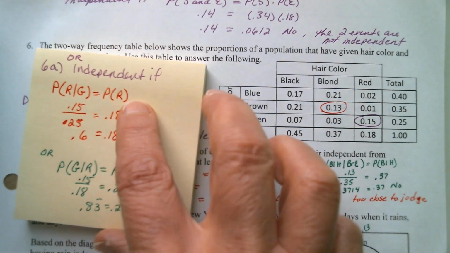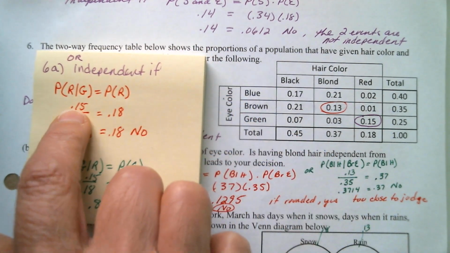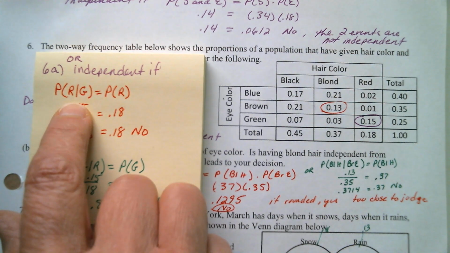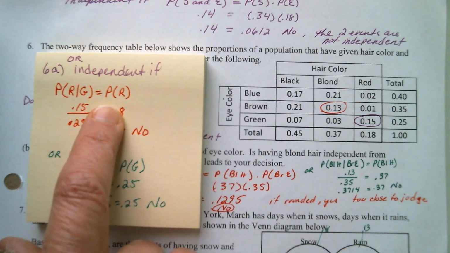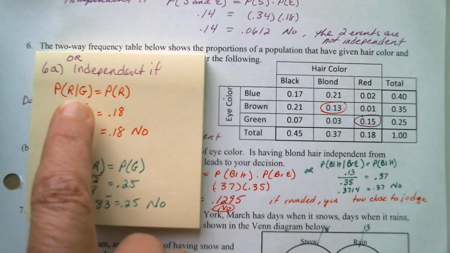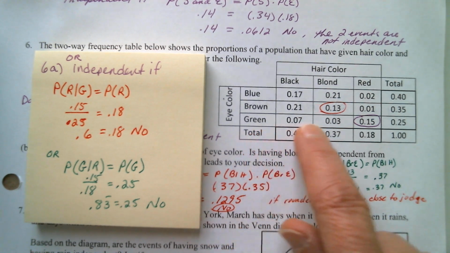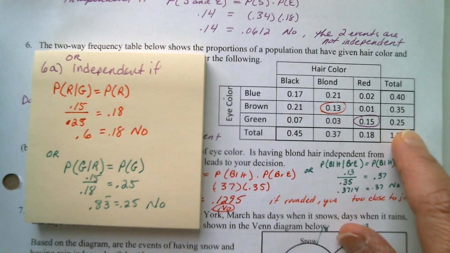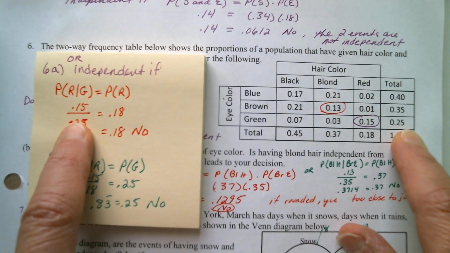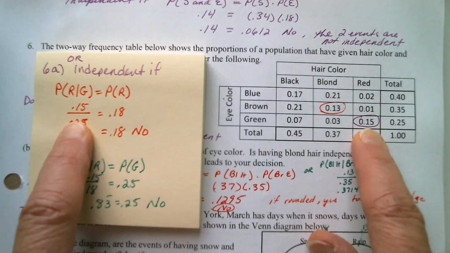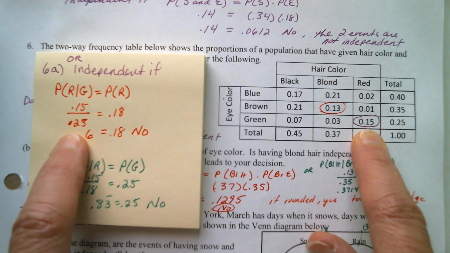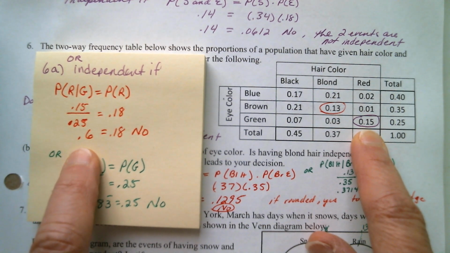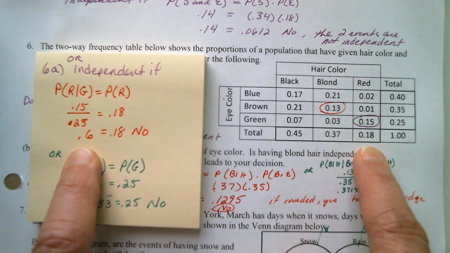Or for 6a, you could say they are independent if the probability of red hair given green eyes equals the probability of red hair. So red hair given green eyes, we're looking at our green eyes total as the denominator, 0.25, and of those, red hair is 0.15. So 0.15 divided by 0.25 is 0.6, and the probability of red hair is simply 0.18.